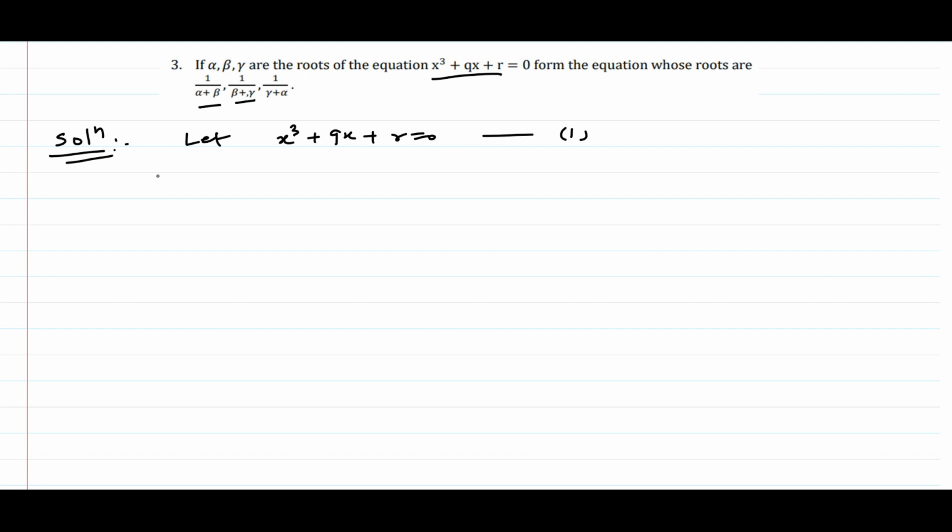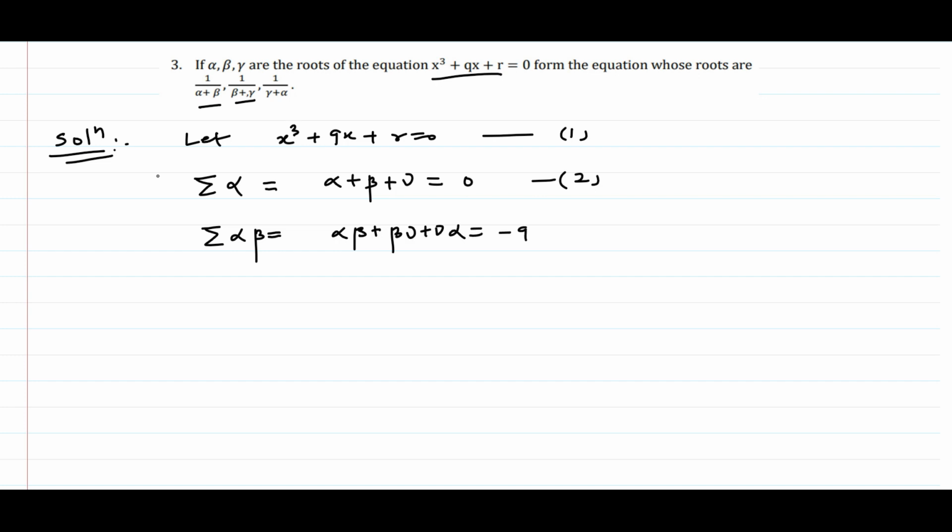So from the equation we can find the sum of roots, that is summation of alpha, that is alpha plus beta plus gamma is equal to 0. That is equation number 2. Second is summation of alpha beta, this is equal to alpha beta plus beta gamma plus gamma alpha is equal to negative q.